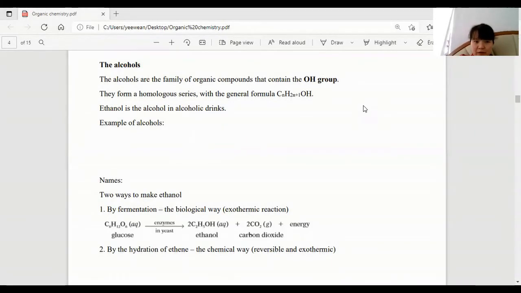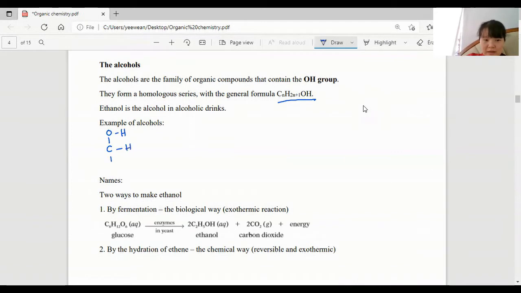This video is about alcohol and carboxylic acid homologous series. This is the general formula for alcohols. For example, if I have methanol, so 1 carbon, and therefore C is 1 here, H is 2n plus 1, so H is 1 times 2 plus 1, that's 3, and OH.